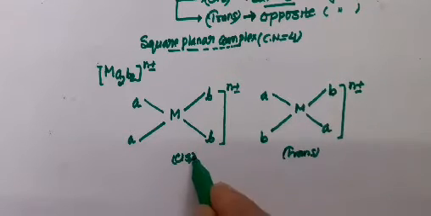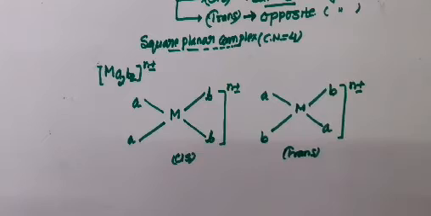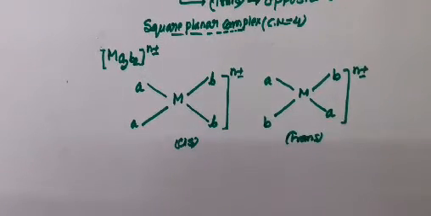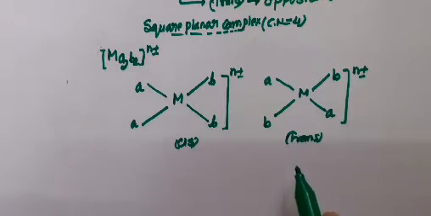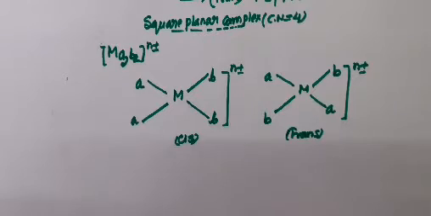The concept is very simple. Identical ligands placed on the same side of the central metal atom or ion are known as cis, and when they are placed on the opposite side, they are said to be the trans isomeric form.